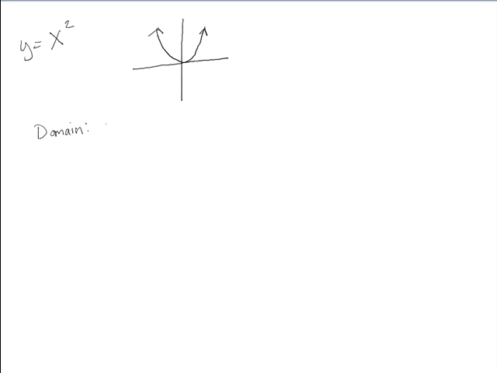It's always negative infinity to positive infinity. Or you could also say it's all real numbers. That's what this little R means with two vertical pieces there. Basically what I'm saying is no matter how far out I go on this axis, I can always plug an x value in and get a y value.